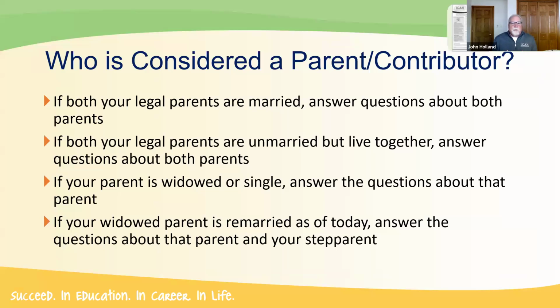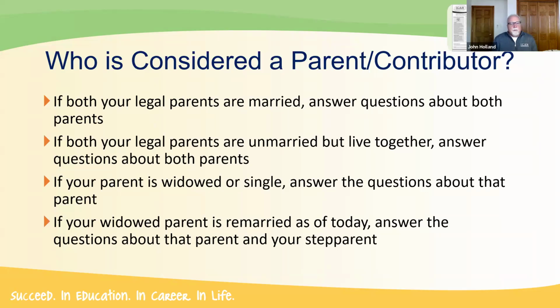It means that you are contributing information to the financial aid application so the student can be considered for financial aid. Now, if the legal parents are married, then it's pretty straightforward. That's whose information goes on the rest of the application. Now, if the legal parents are unmarried, but they live together, both their information goes on the financial aid application.